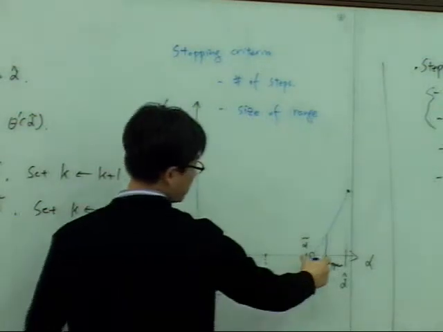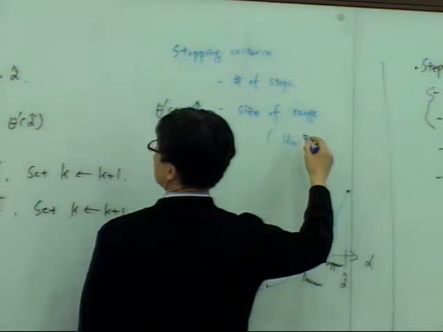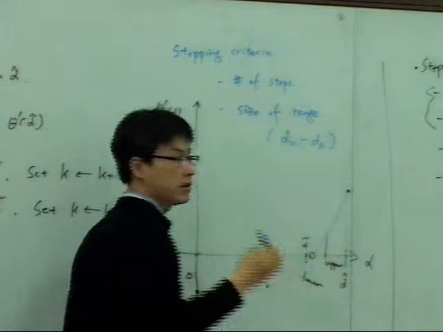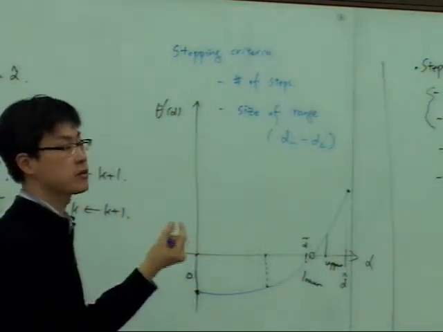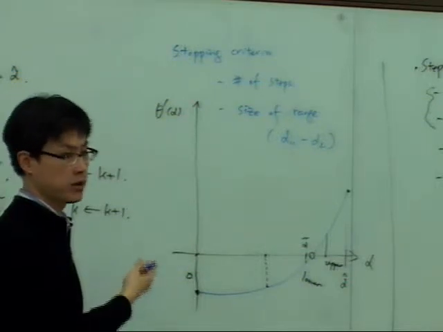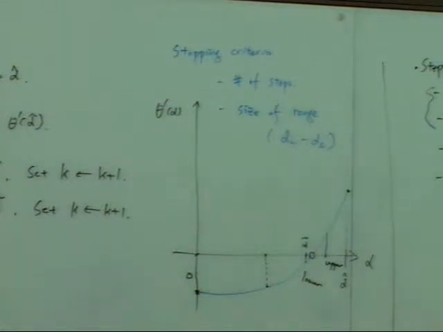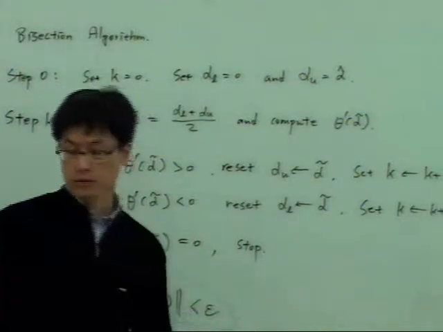If you look at alpha upper minus alpha lower, and the size of your range becomes smaller than some amount, then you just stop. There's another one, and this is the third. You can use these three at the same time, or you can use a combination of all these stopping criteria. Question?